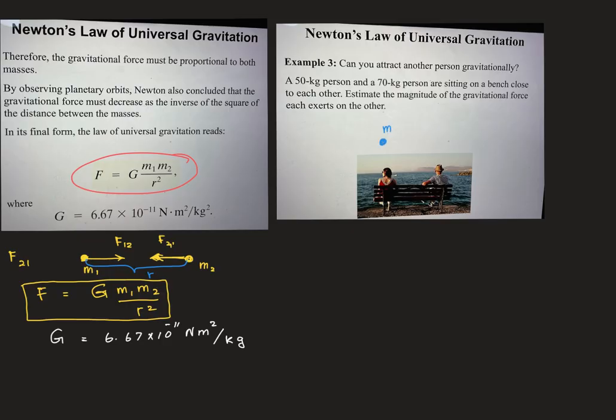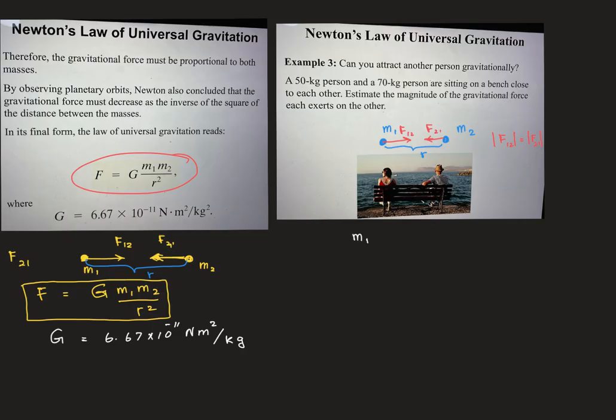Let me call the woman mass 1 and the man mass 2, and the distance between them is R. So there should be a force pointed along this way, and we can call the force on the woman F12, and on the man F21. The magnitudes are equal to each other, as I said earlier. The only difference is that the forces are pointed in opposite directions.